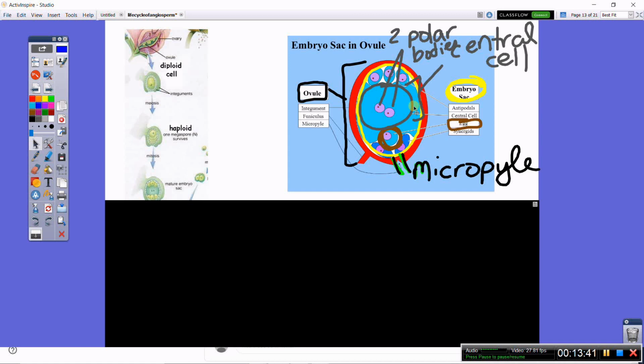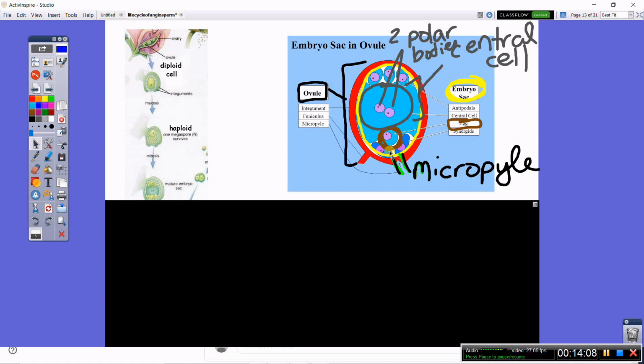We said that in meiosis, you make one functional egg cell, but then you make three polar bodies that die. Well, these polar bodies aren't going to die here. They're actually going to serve a pretty decent function, but they are separate from the egg cell. So you have two polar bodies contained within your central cell, and then you have this little egg cell here.